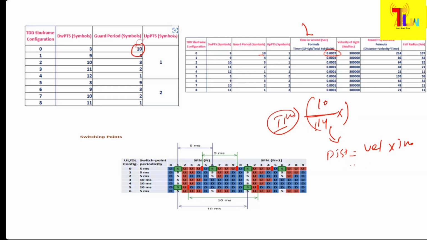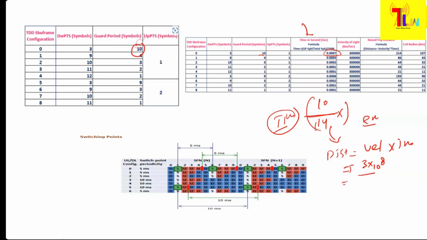So velocity is 3 into 10 to the power 8. I'm taking the velocity of the electromagnetic signal, but this is in vacuum. Of course, we have some medium, that is the air interface, so we'll have the permittivity and permeability of free space.